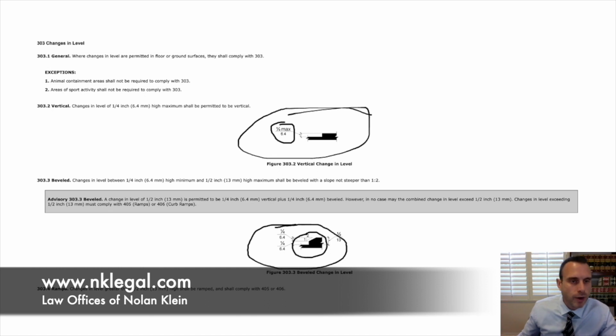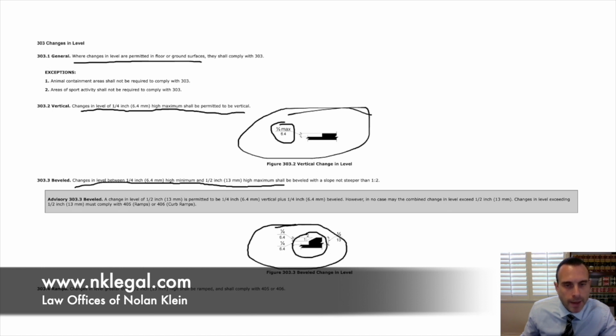Right? So it says right here, when changes in level are permitted in floor or ground surfaces, changes in level of 1/4 inch high maximum shall be permitted to be vertical. Changes between 1/4 inch and 1/2 inch high maximum shall be beveled with a slope not steeper than 1 to 2.